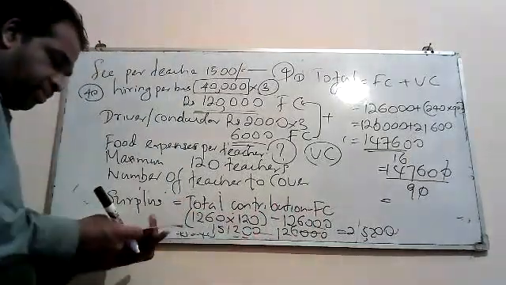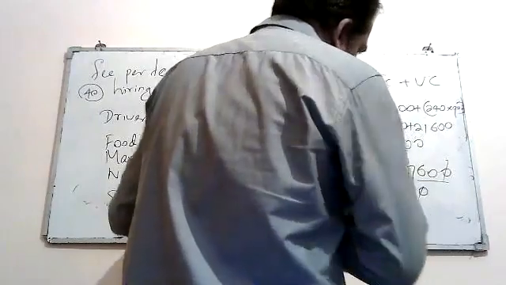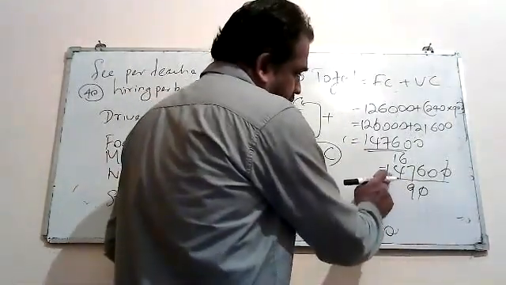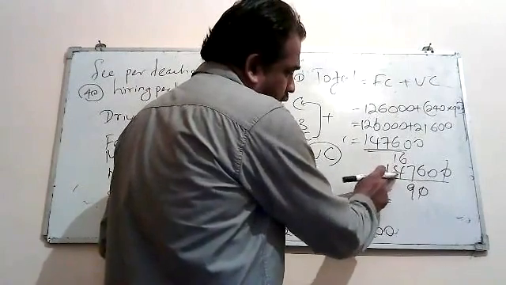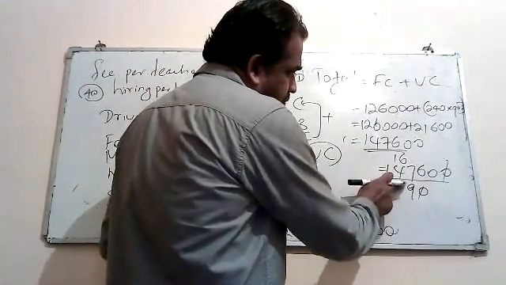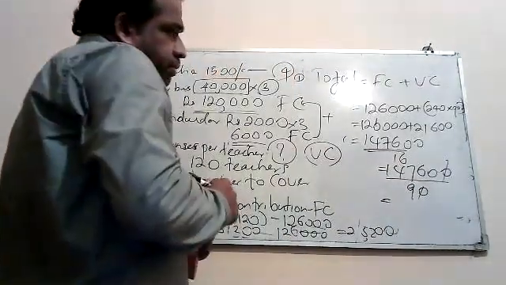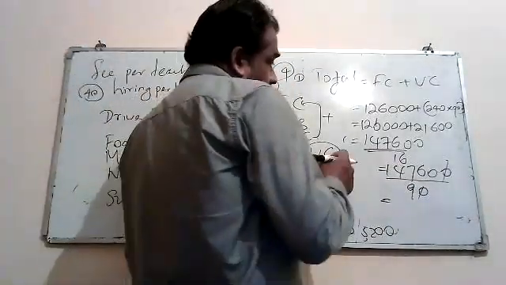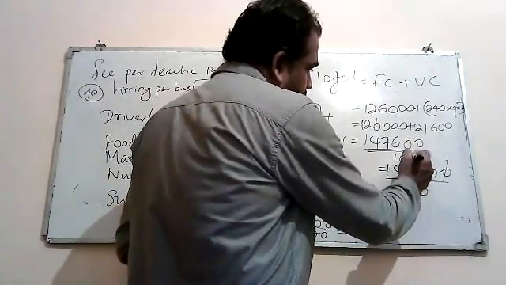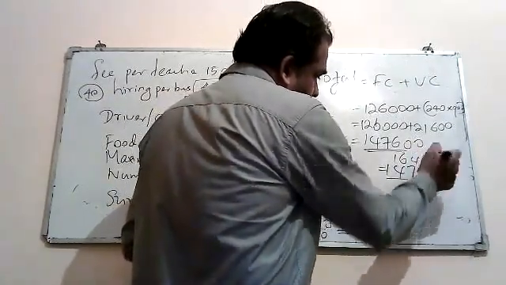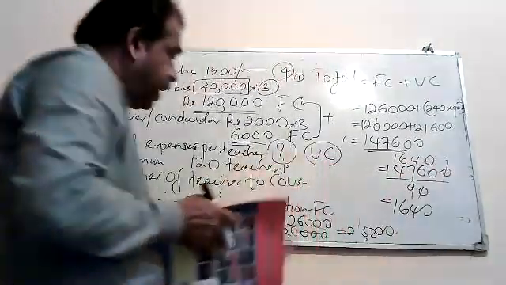Then here you will divide by 9, 1, then balance is 5, 57, 6, then 9, 4, then 36 divided by 9 will be 4. Right. 1,640. Right.